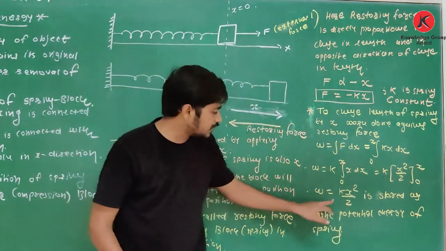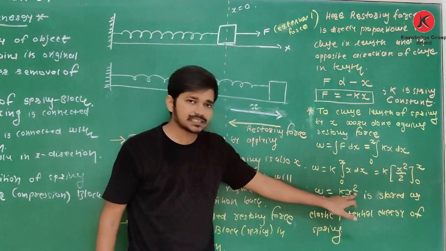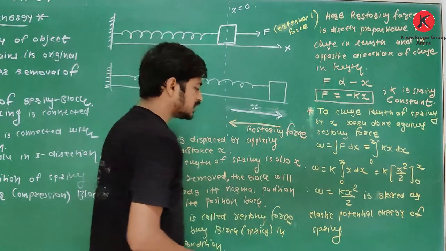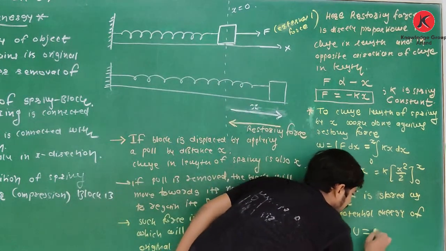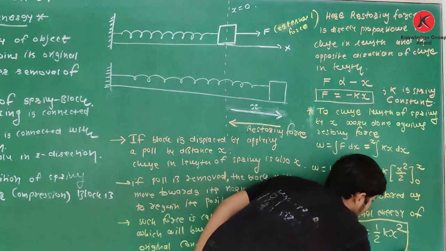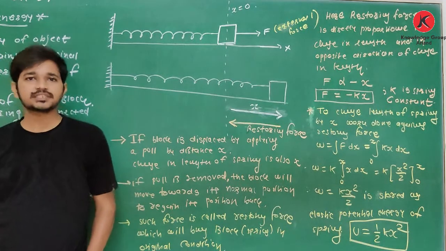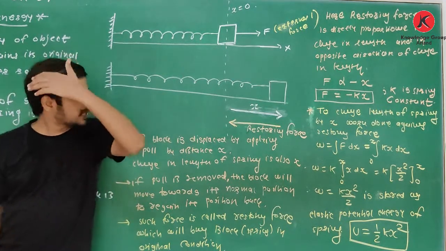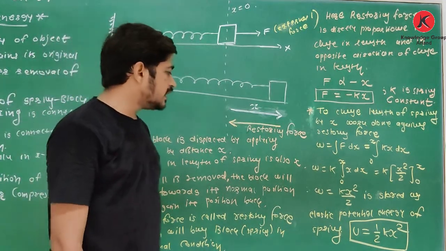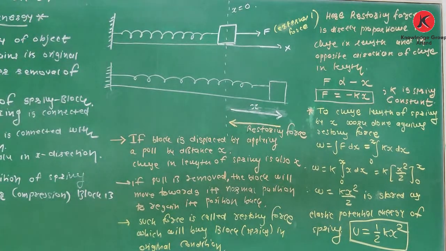So if the spring constant is k, and the change in the length of the spring is x, then what is the elastic potential energy? U is equal to half kx square. Clear about this? So yes, it is all about the elastic potential energy of the spring.